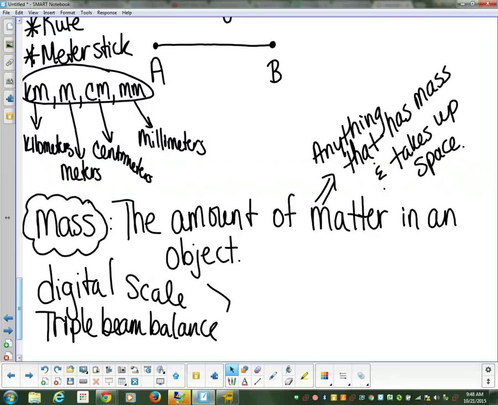And when we were measuring these, we were using grams. Okay, so the way that we measure mass is based on how much an object has of matter in it. Yep. What's a digital scale? A digital scale is where you don't have to futz with having to try to move the riders. You just set it on there, and it tells you how much it weighs. Yep, really easy to read.